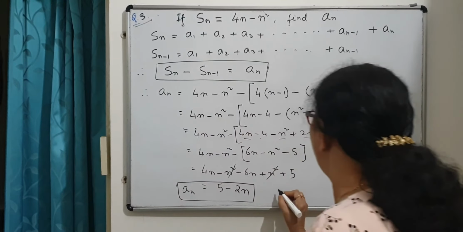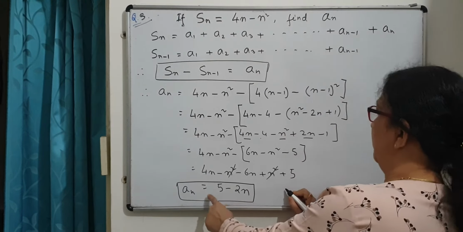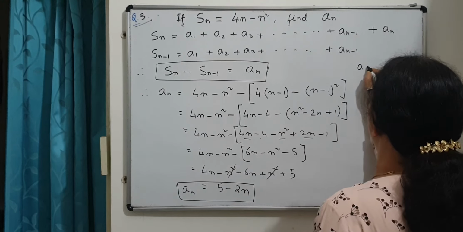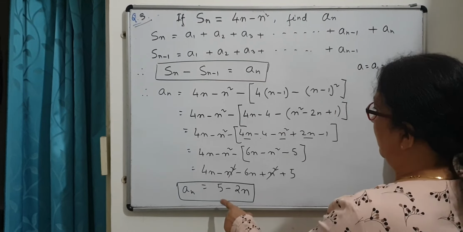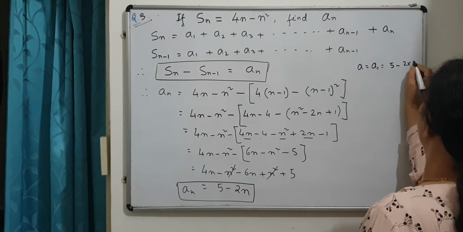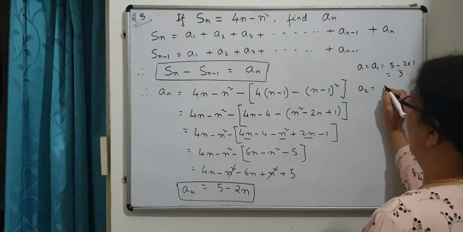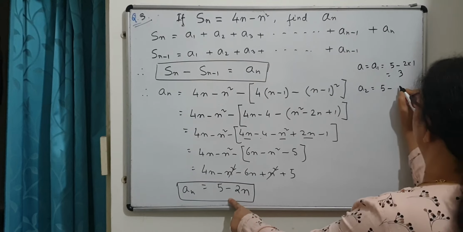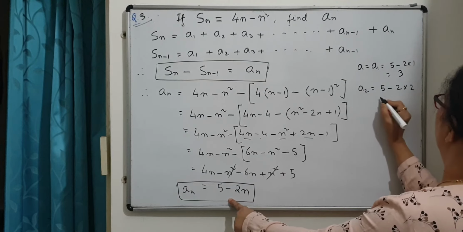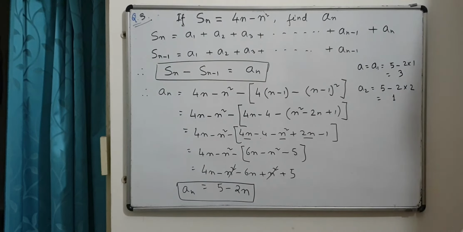So the first term A1 is 5 minus 2 into 1, that is 5 minus 2, which is 3. Then A2 is 5 minus 2 into 2, that is 5 minus 4, which is 1.